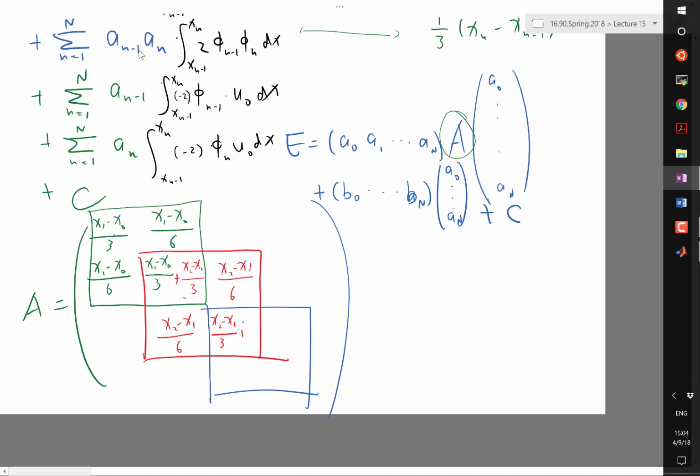I have contribution from the third element plus a third of x3 minus x2 and a sixth of x3 minus x2, a sixth of x3 minus x2, and a third of x3 minus x2. Right, so here is the entire finite element matrix.